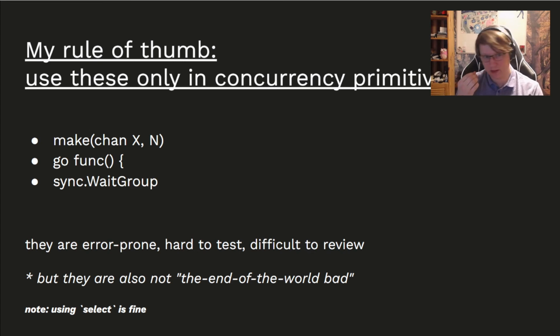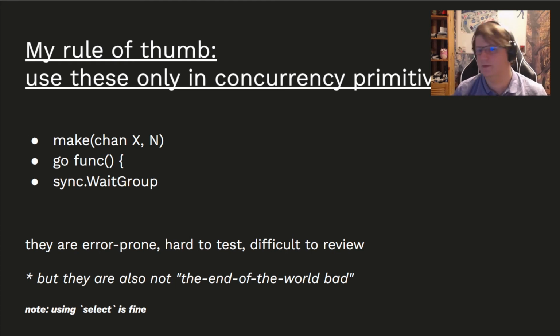So yeah, one of my rules of thumb is that you shouldn't really use these directly. There are better ways to do things, and there's a really nice paper on common concurrency bugs, and I'll have a link later.